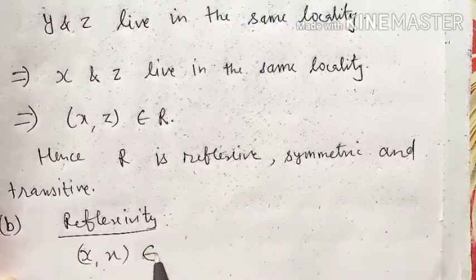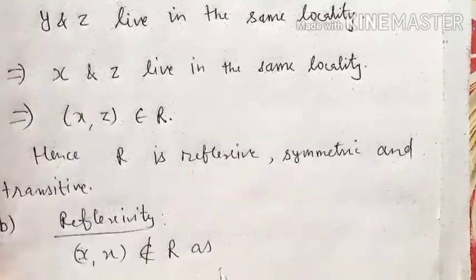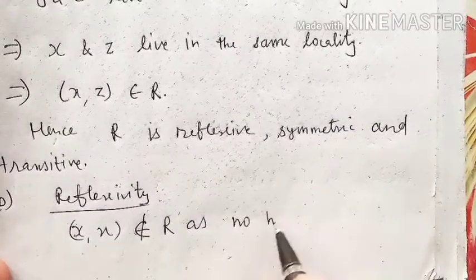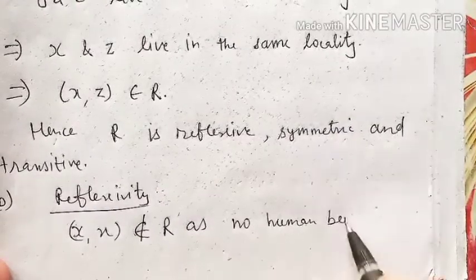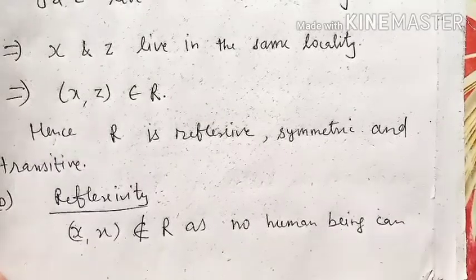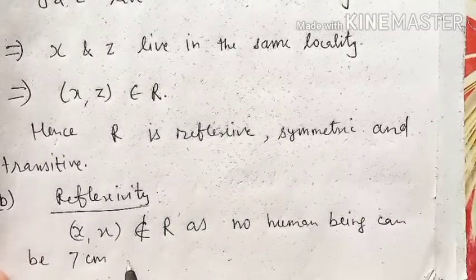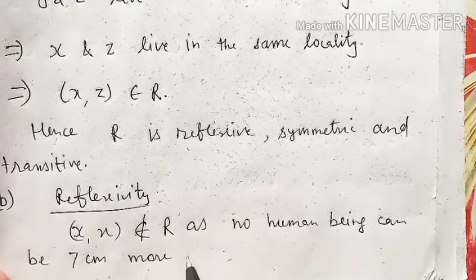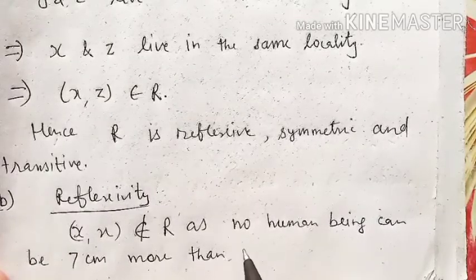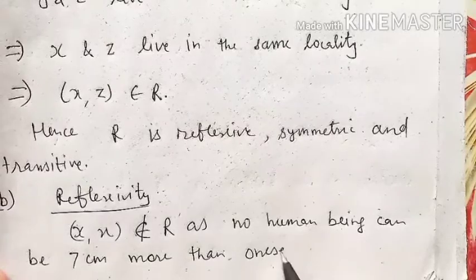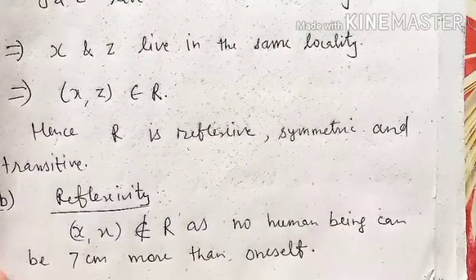(X, X) does not belong to R as no human being can be 7 centimeter taller than oneself. So R is not reflexive.